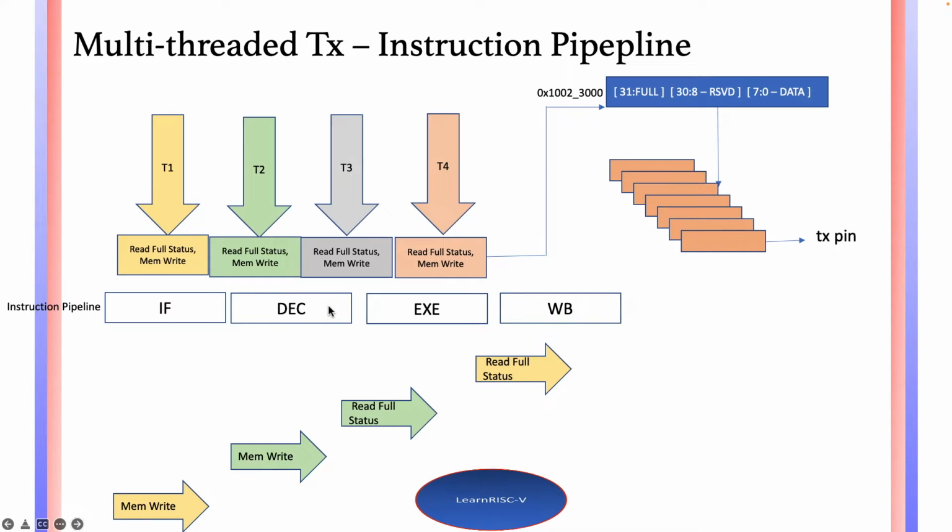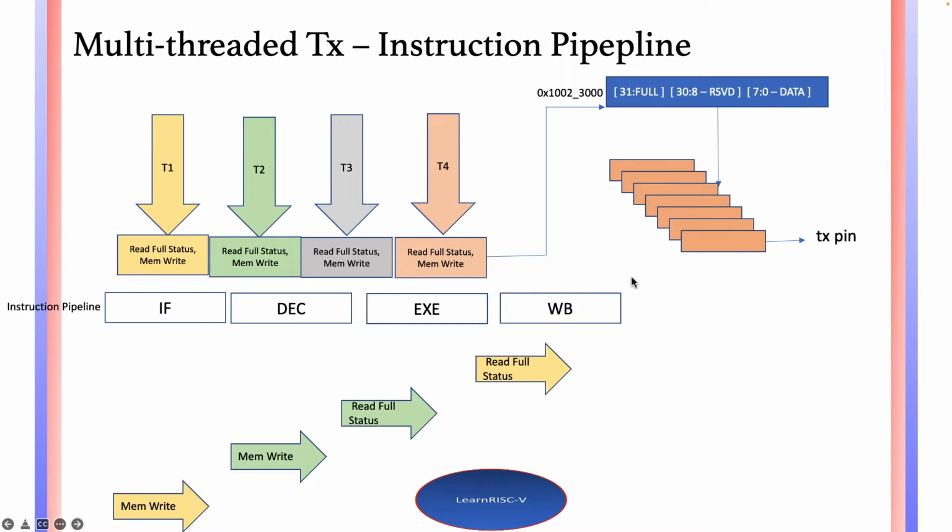It has to go through the pipeline, and then at the execute and write back stage, this value should be written into this memory mapped address, and that would go into the FIFO, and from the FIFO it would be pushed into the UART TX pin. This full status is the status of these 8 FIFOs in UART.